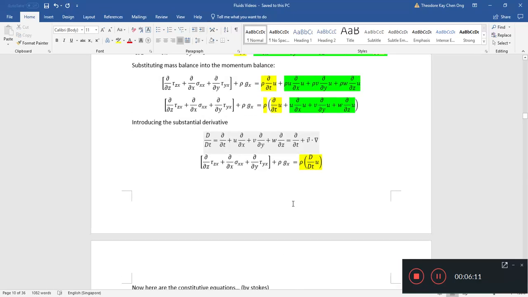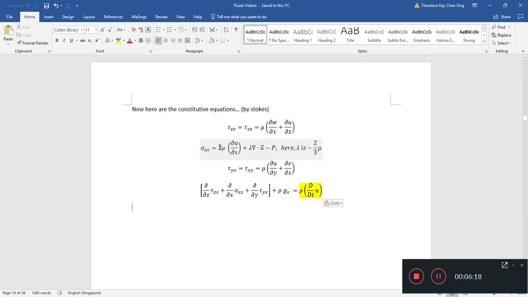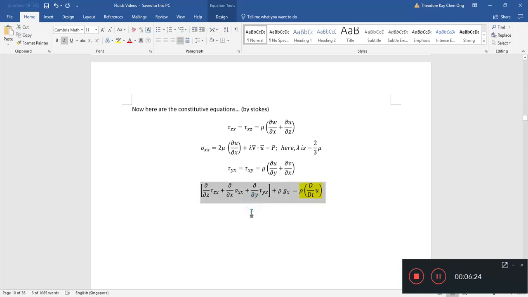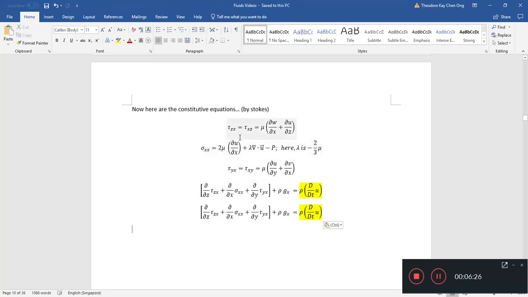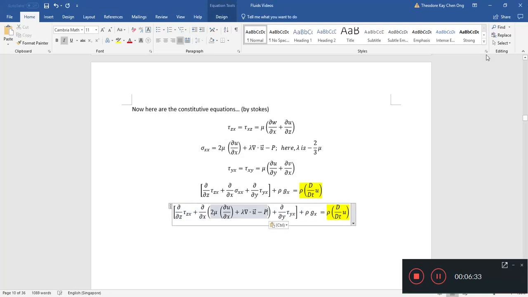Okay, so now I'm going to just copy and paste all of these in. Okay, so here we go. I'm going to copy and paste. Just going to paste one more time here. Alright, so this is what derivation looks like. It's a bit messy. Minus 2 over 3 mu. Okay, that's one.